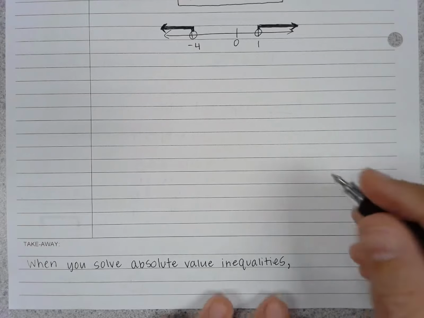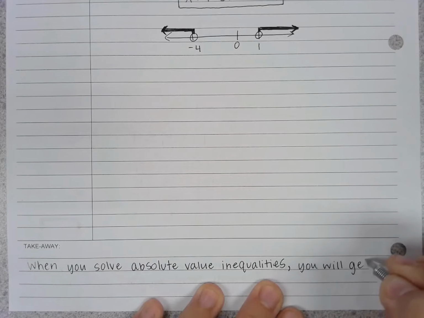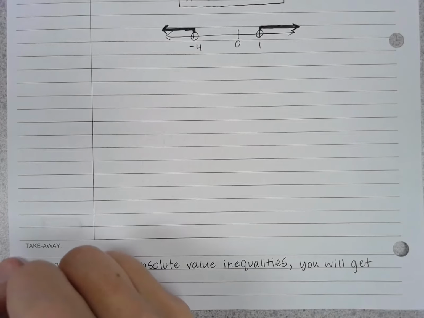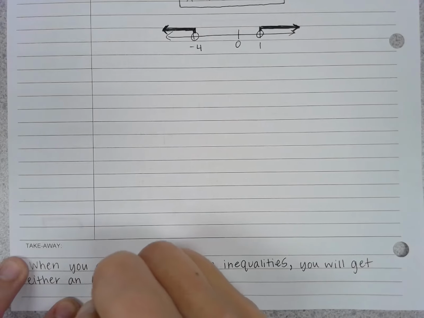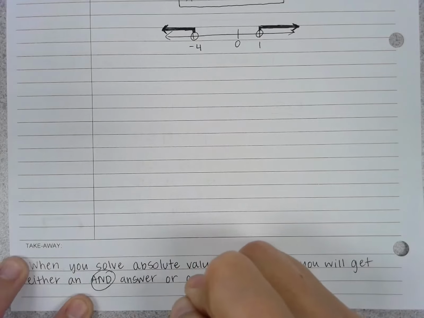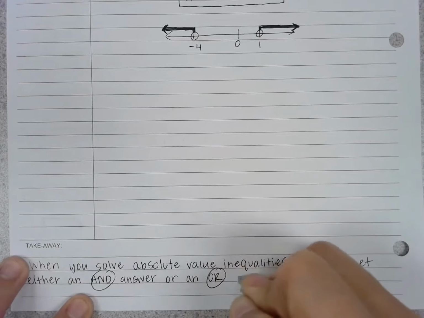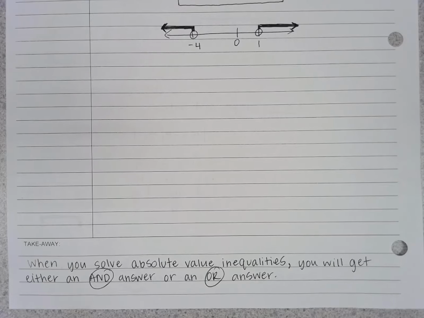So when you solve absolute value inequalities, you will get either an AND answer or an OR answer. And I'm just circling these words because it makes them stand out a little bit more. You don't have to circle them. That's not like a special math thing. When you solve absolute value inequalities, you will get either an AND answer or an OR answer.